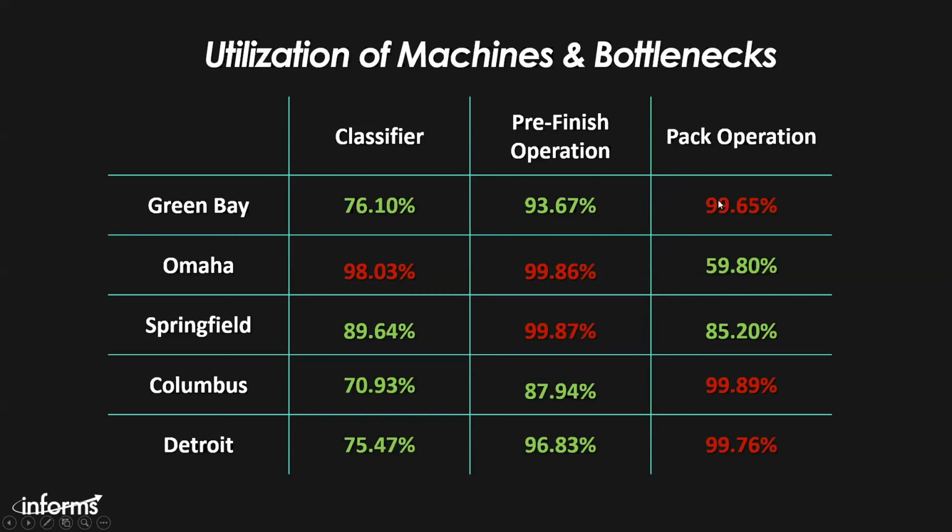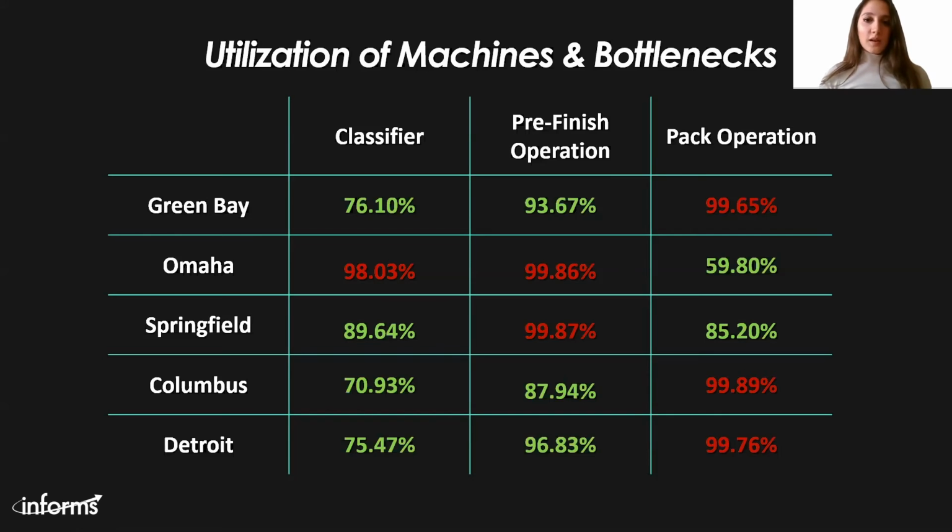We have a question from Shrikant. Hi, everyone. Good evening. A great presentation. A quick question on the utilization. How did you define utilization? Actually, the simulation model automatically gives the utilizations in the report.